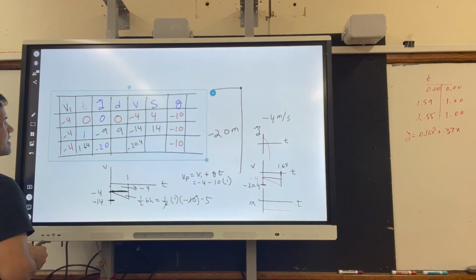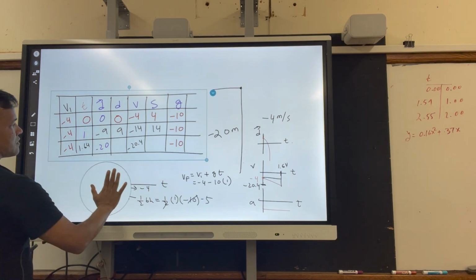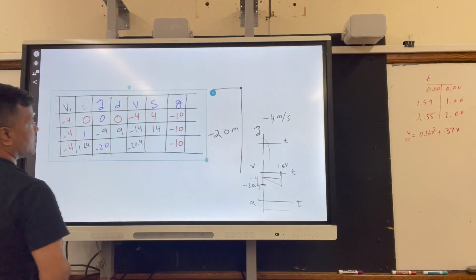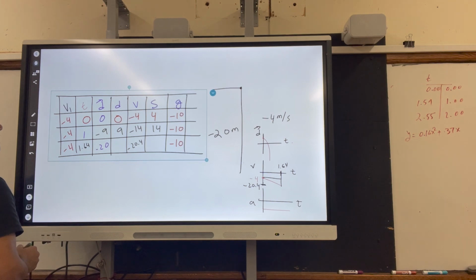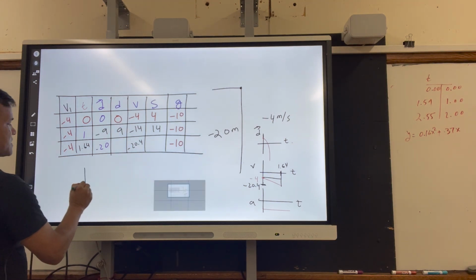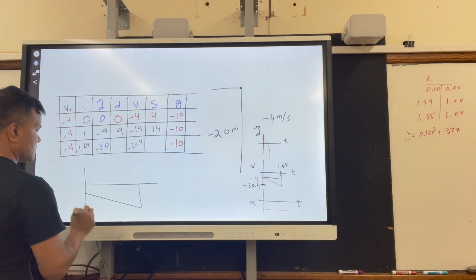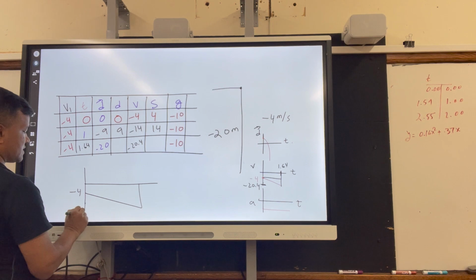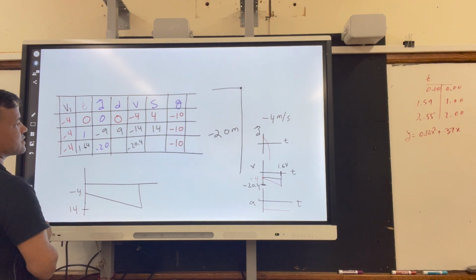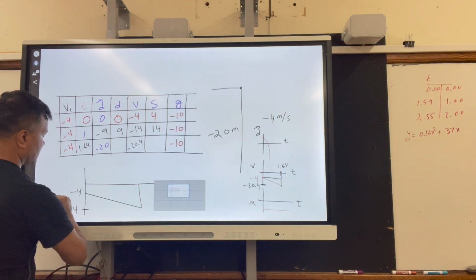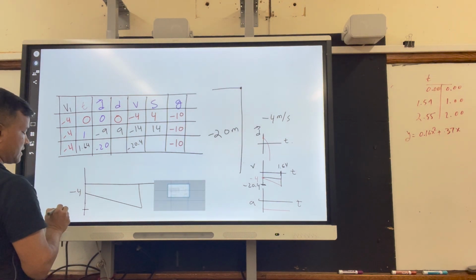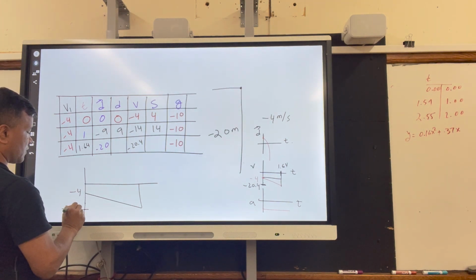Distance at the end of 1.64 seconds. Let's see the displacement at the end of 1.64 seconds. This is -4, and the final velocity is -20.4, right?